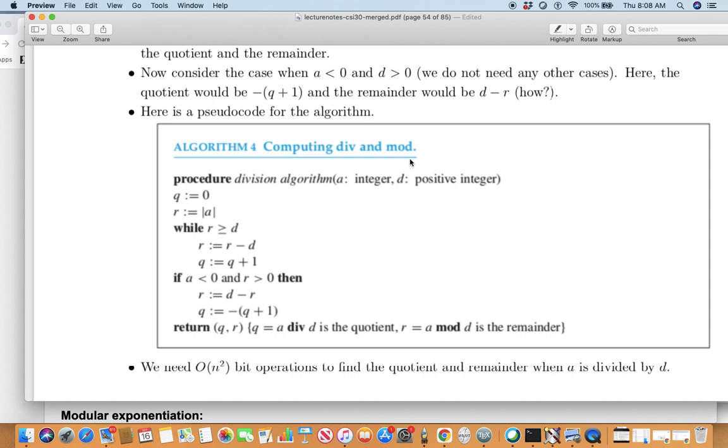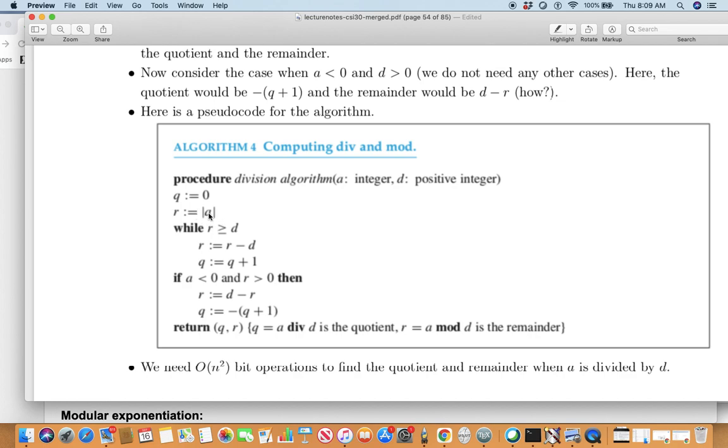All right. Computing the division algorithm procedure. A is an integer, D is a positive integer. Start with quotient equals 0 and remainder equals absolute value of A. Remember, your remainder is supposed to be smaller than D, so to begin with, that's my remainder.